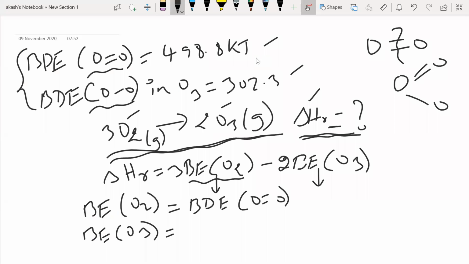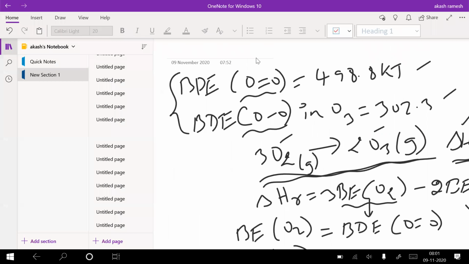I have one O double bond O and one O single bond O. How will you write it?